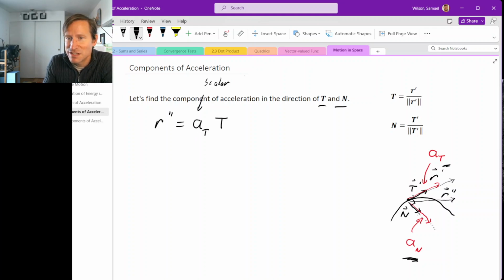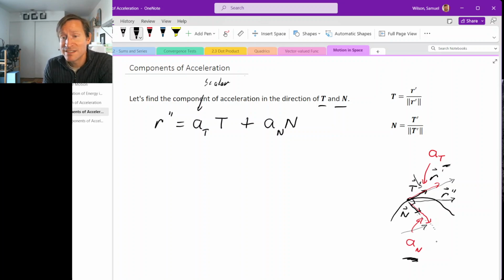and that gives you this red component I've drawn here. We just need to add to it the part of the acceleration that points in the normal direction. So that's a scalar multiple of the unit normal vector, times whatever scalar valued function we need, which is what we're calling a sub n.